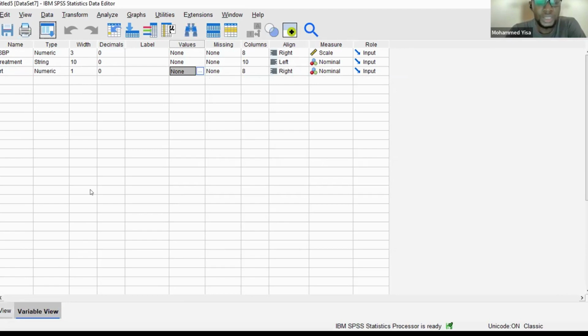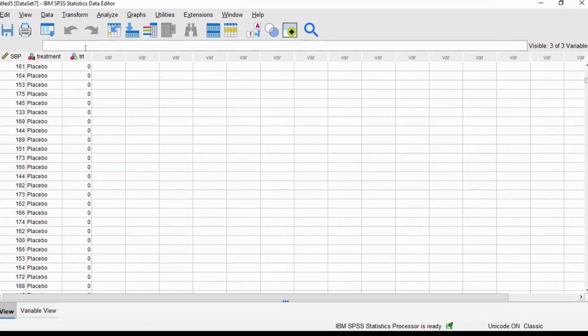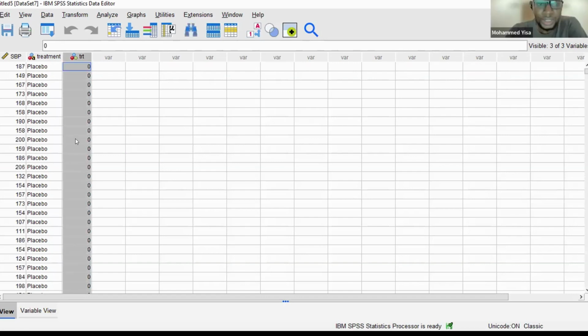But if you come in here on the data view, you will see the definition of the values for this variable. A value of 0 means that placebo was given. This variable treatment can take either a value of 0, a value of 1, or a value of 2.